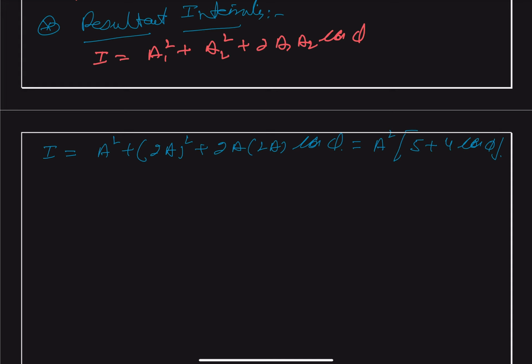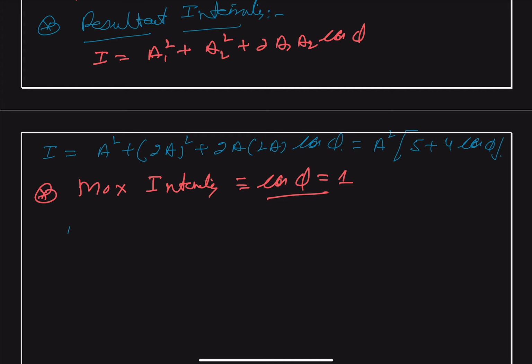Now for maximum and minimum intensity we already know the value of cos of phi. For maximum it will be 1, and for minimum it has to be minus 1. First, for maximum intensity, cos of phi is equal to 1.